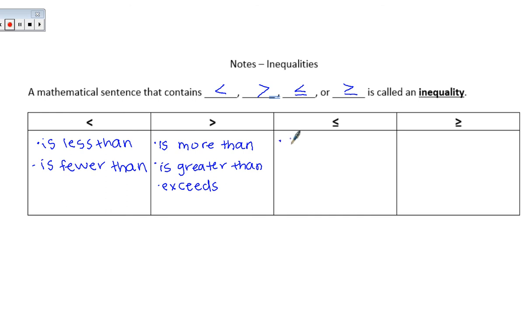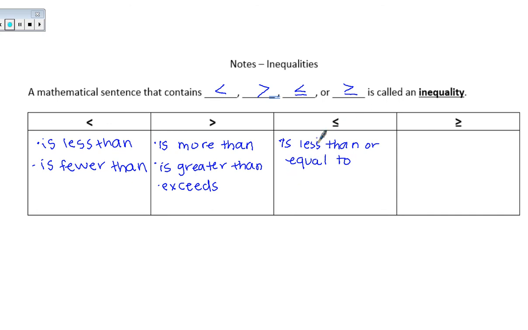Next we have the less than or equal to sign, so we're going to see something like is less than or equal to. And make sure when you're saying that out loud, you're saying the or equal to part, because if you just say less than, then we're going to use the sign that we talked about first, rather than the one with the line underneath.